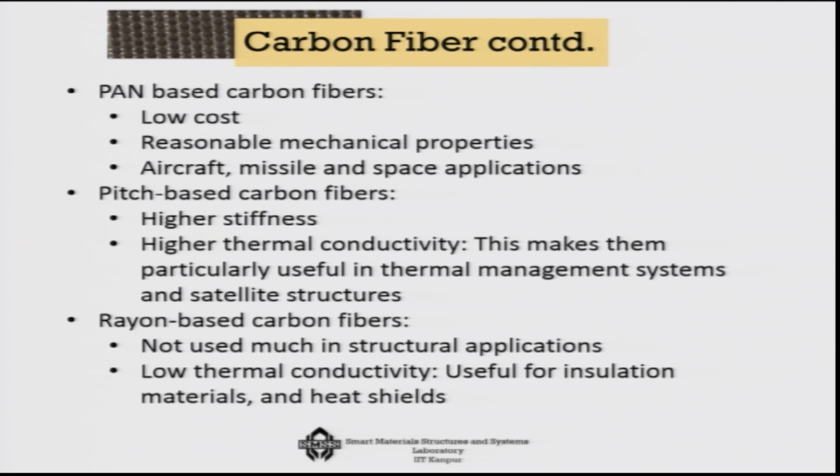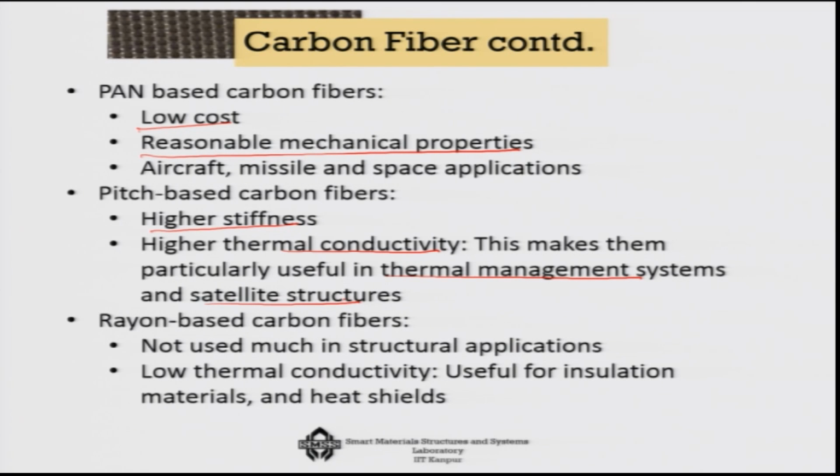I told you about the PAN-based carbon fibers, which are the cheapest of them, low cost. They have reasonable mechanical properties, and are mostly used in aircraft, missile and space applications. Pitch-based carbon fibers have higher stiffness, higher thermal conductivity. They are cheaper also, but mostly used in thermal management systems and some satellite structures.